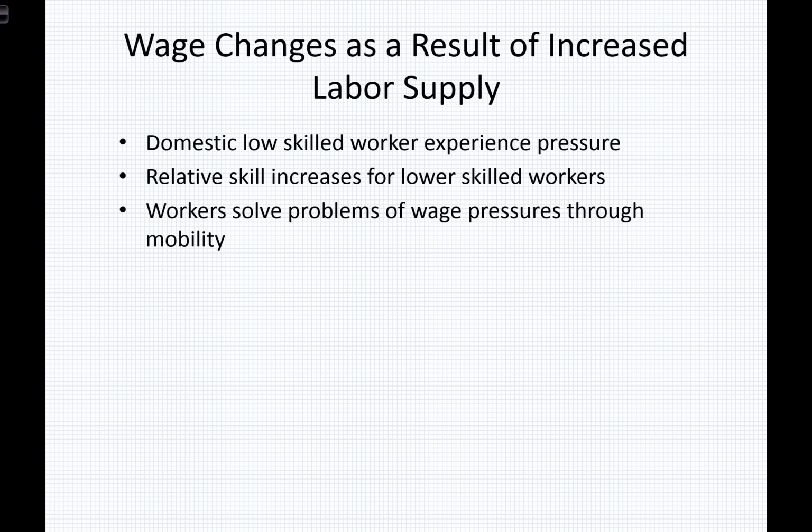So keep that in mind when we think about the factors of immigration. We also have to think about wage changes as a result of increased labor supply. So think about this. Let's suppose for a moment that we have domestic low-skilled workers, and we know that they experience some pressure on their wages when we have immigrant workers. We know that most immigrant workers, regardless of their skill level, are treated as though they're relatively low skilled when they arrive here.